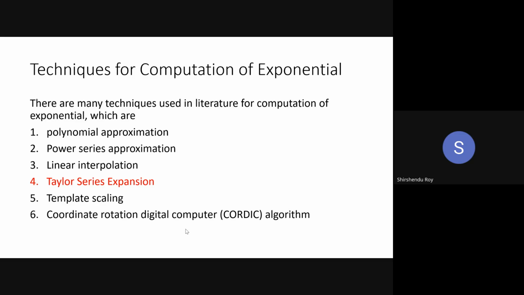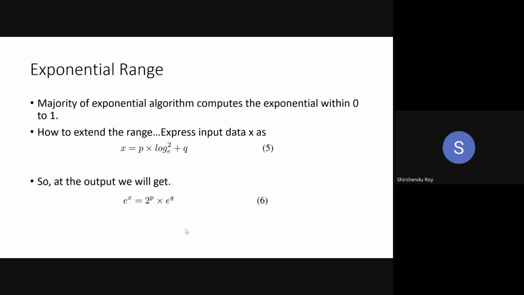Now, how to extend the range of this exponential block? Because I want to find the exponential of, say, 5 or 2.5. For that, there is a technique followed in hardware: you can express the input data x as x = p times log base e of 2, plus q.